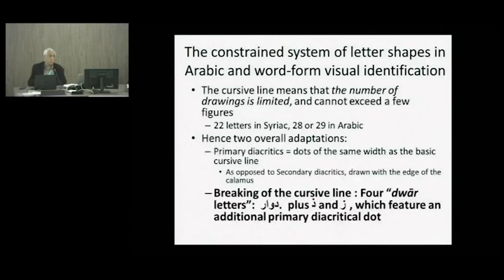And then the other device is breaking the cursive line, dua letters. This is how printers called that once upon a time, before everything was in informatics. So you have dal, waw, alif, ra, plus dai and zai, and dal and zai, which feature an additional primary dot.